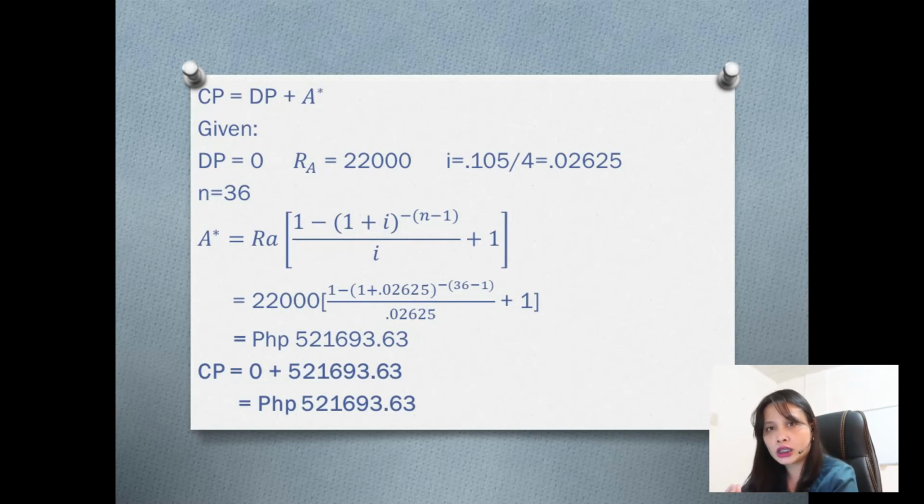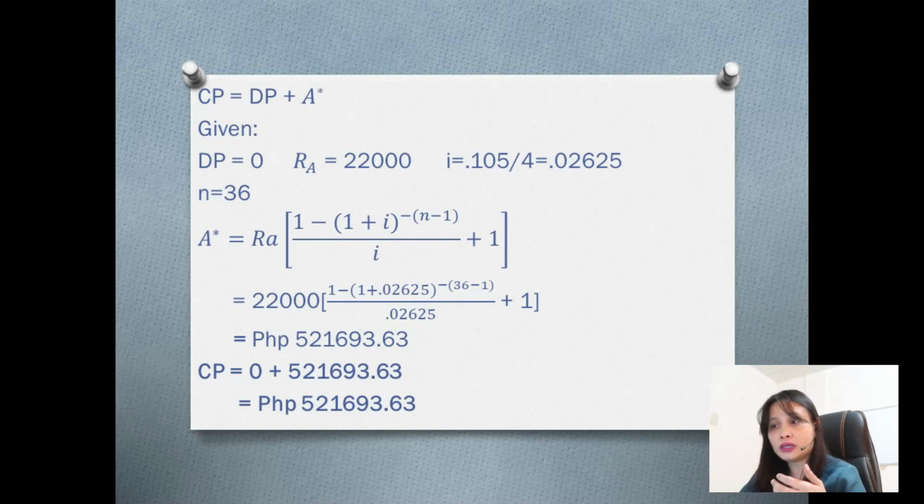Periodic rate will be 0.105 divided by 4, so you have 0.02625. And N, according to the problem, is 36 quarterly payments. To solve for the present value, apply the formula.